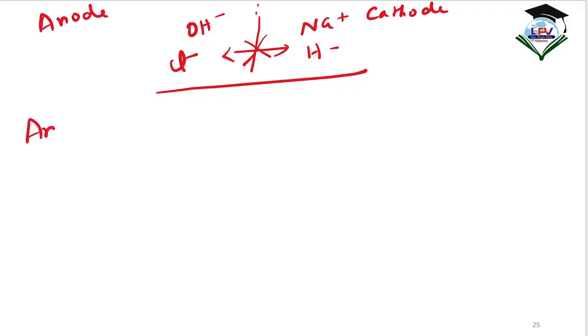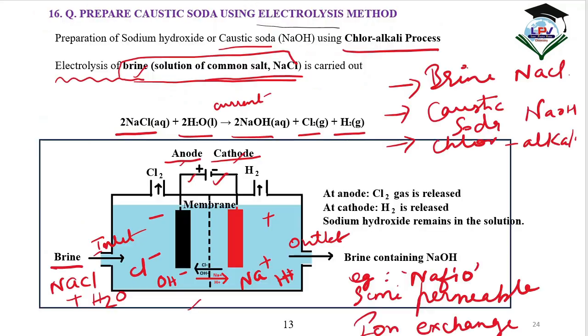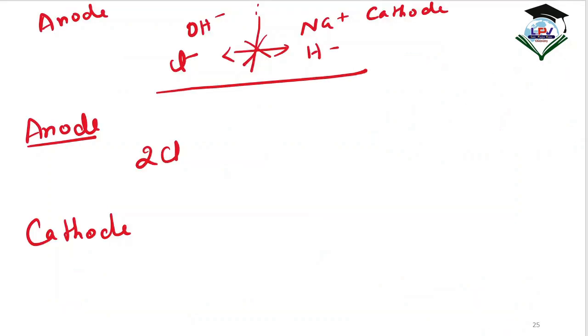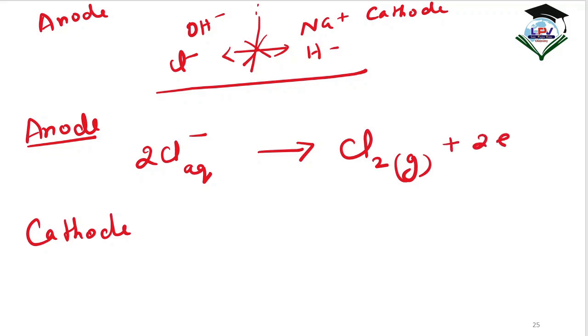At anode, what happens, and at cathode, what happens, we will see. Initially, the chlorine is formed at this compartment, which is close to the inlet. So the chloride in the aqueous solution gives Cl2, which is your gas, with the release of 2 electrons.